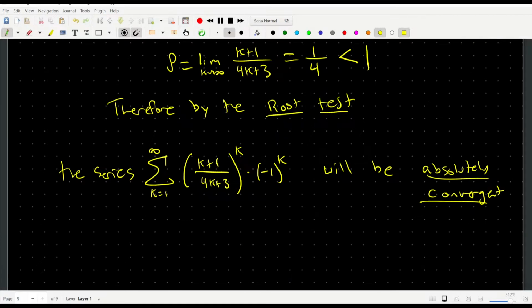Meaning that the sum of the absolute values for this series converges, and this implies that the series itself also converges.